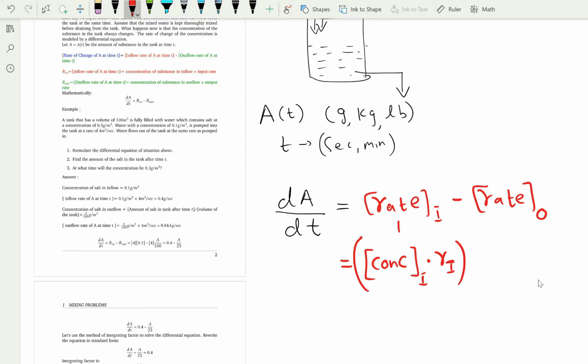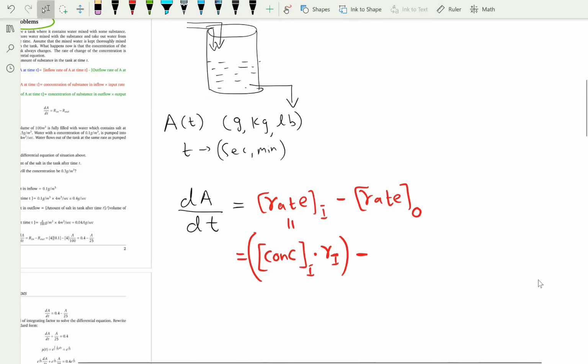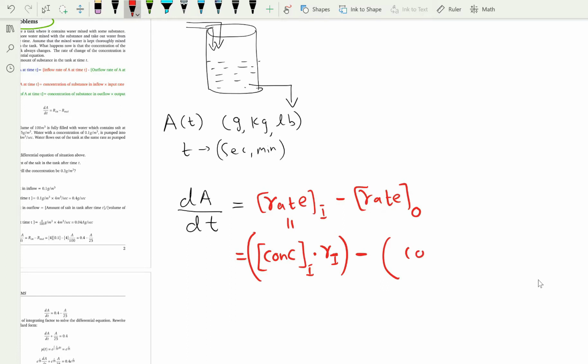So the rate is equal to the concentration of salt coming in times the rate of water coming in, minus the concentration of salt going out times the rate of water going out. So a rate is a product of concentration times the rate of water that comes in and out. This is how you model the differential equation.